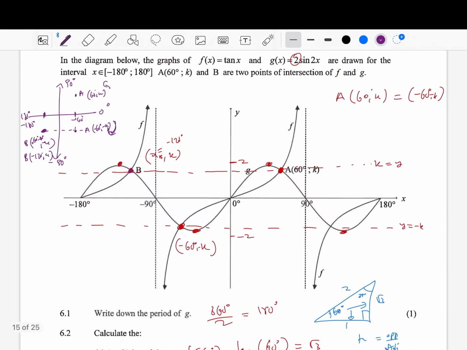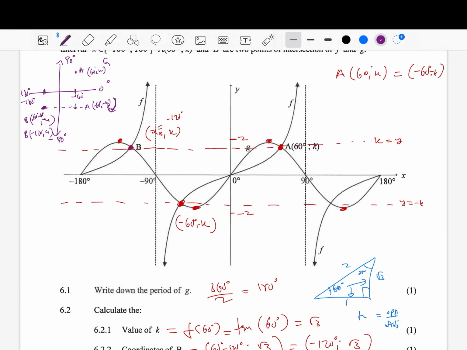If you go back, looking at the graph from 180 to negative 90, you see that g is greater than f. So that doesn't qualify. But when you come here, g is less than f.